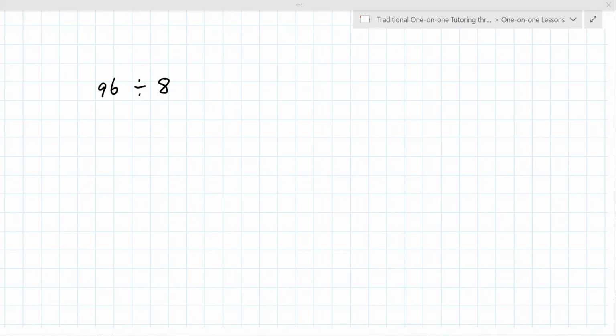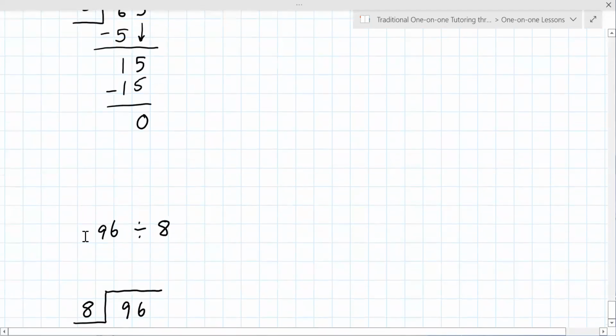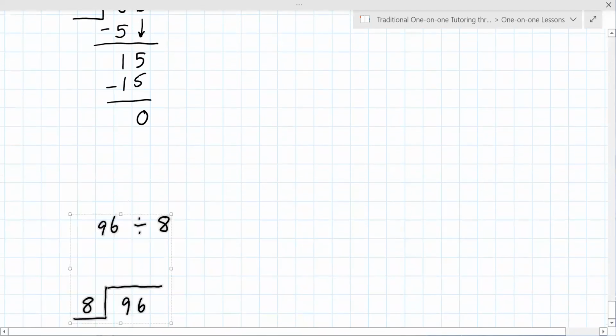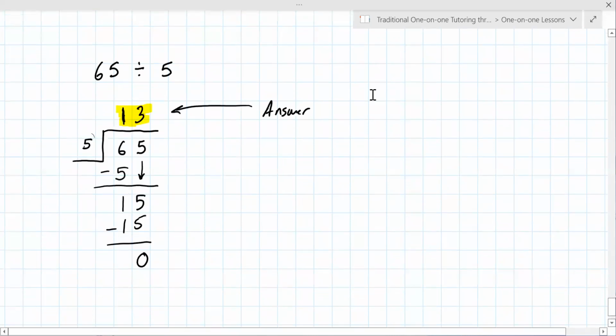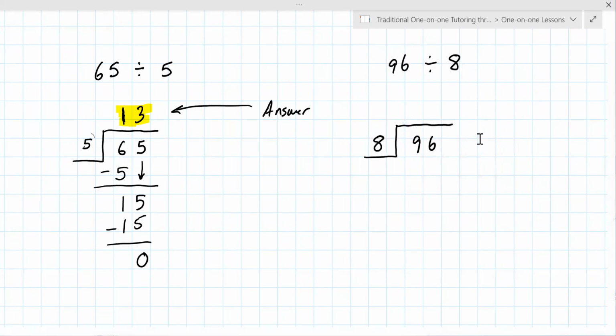Michael, do you have an answer for me? No. You don't have an answer. Okay. What is it about this problem that is different than the previous problem? The numbers are different, but you can do the same steps.